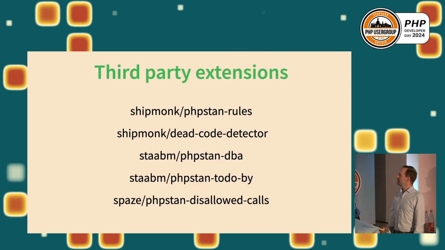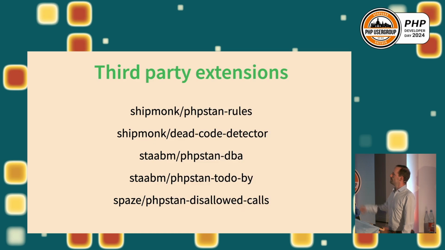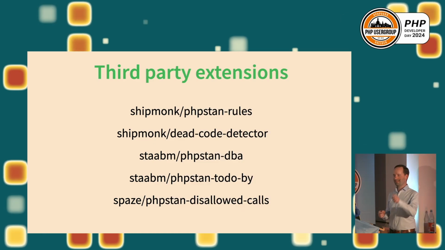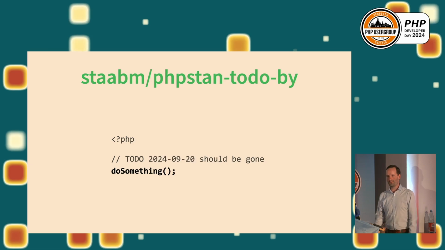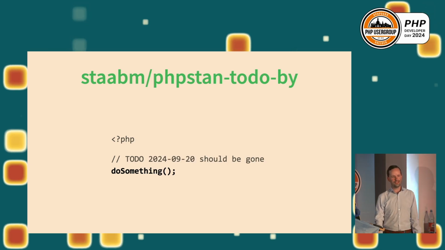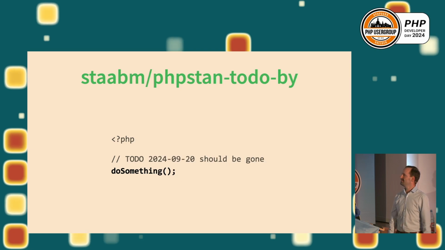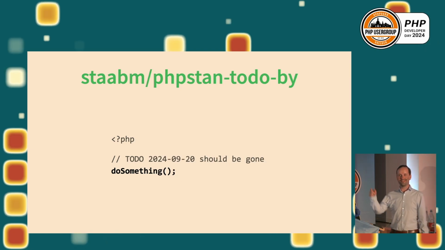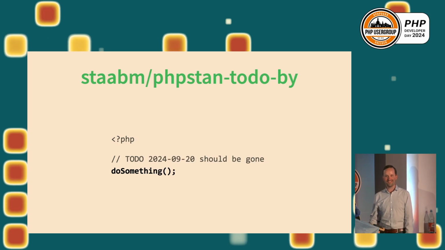One of my favorite ideas is the PHPStan to-do by extension by Marcus here, because this extension looks for to-do comments in your code, and for comments which have dates in them, PHPStan will start failing after this date. So you will be forced to fix this at some point if you include a date.